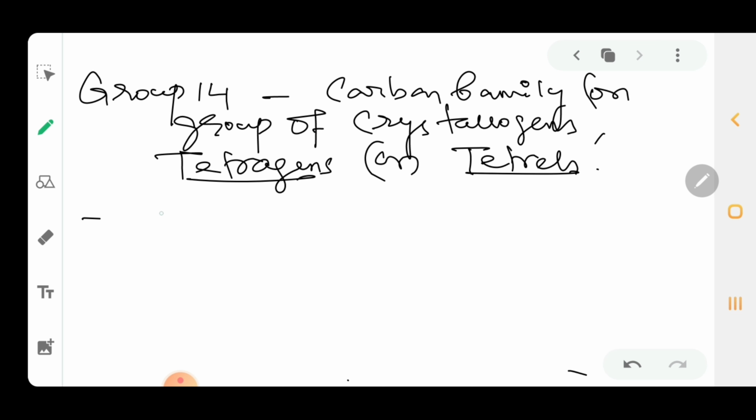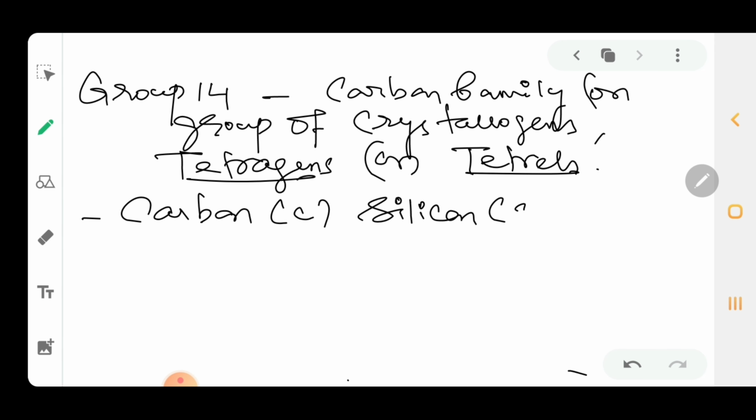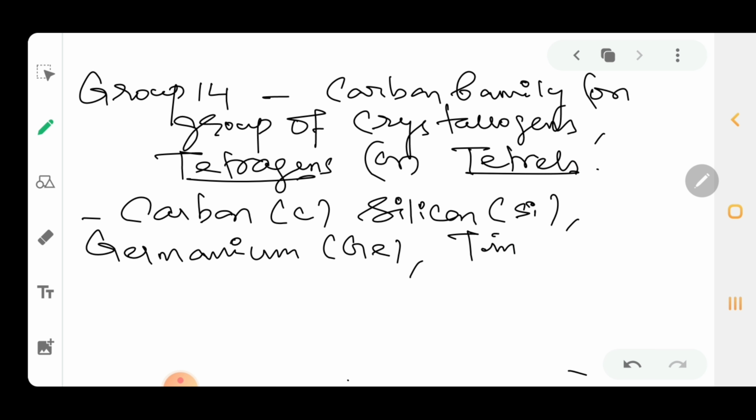This group 14 includes carbon, silicon, germanium, tin, and the last one is lead.